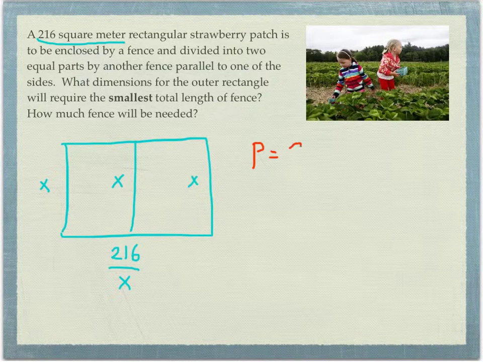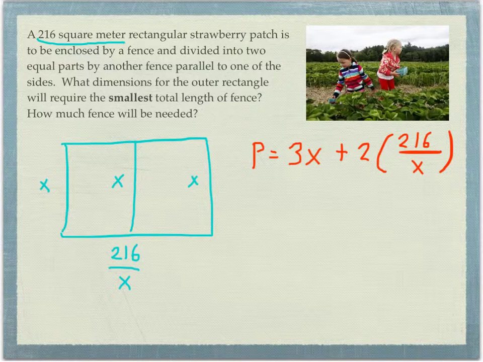So certainly I need 3 of these x's because there's going to be fencing here, here, and here, so there's 3x. And then I also need 2 of these lengths here. So that's 2 times 216 over x. That's a little strange, but that's an expression for the length of the fence that I'll need.